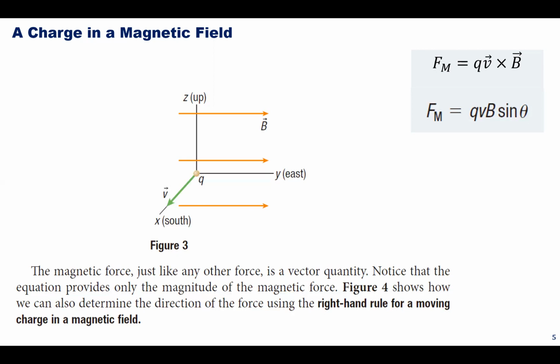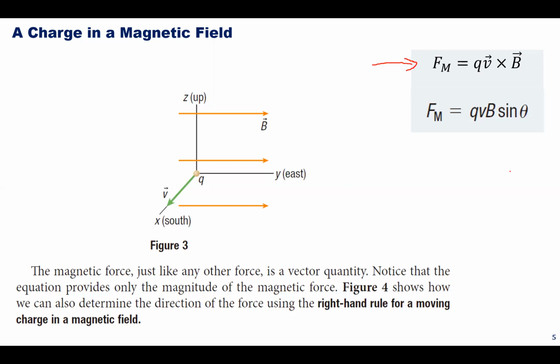Given a magnetic field B and the charge Q moving with velocity v, the magnetic force exerted by B on Q is given by this formula: Fm equals Q v cross B. In other words, Fm equals QvB sine theta, where theta is the angle between v and B, right?